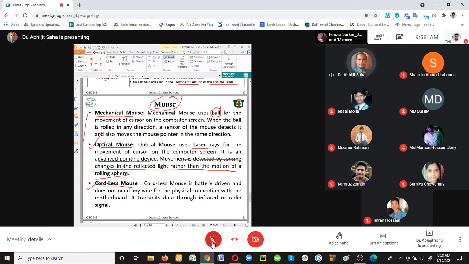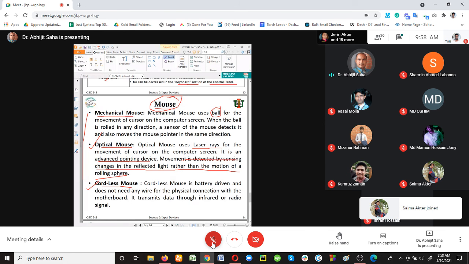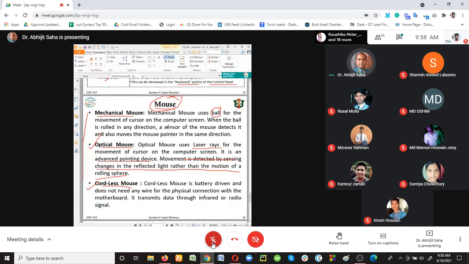The rolling sphere we are talking about is in the mechanical mouse, where there are wheels that work for the x-axis and y-axis as you move the mouse. But the optical mouse uses laser technology.